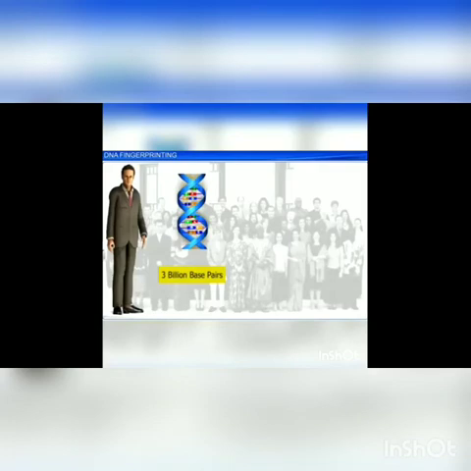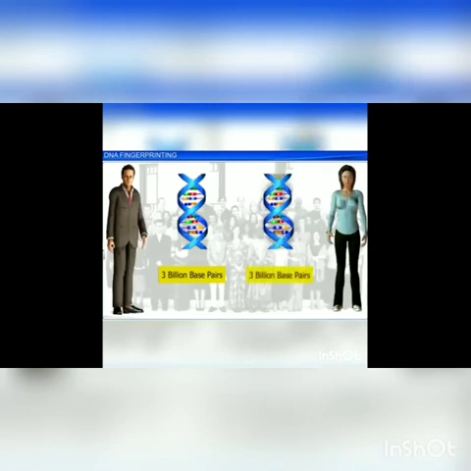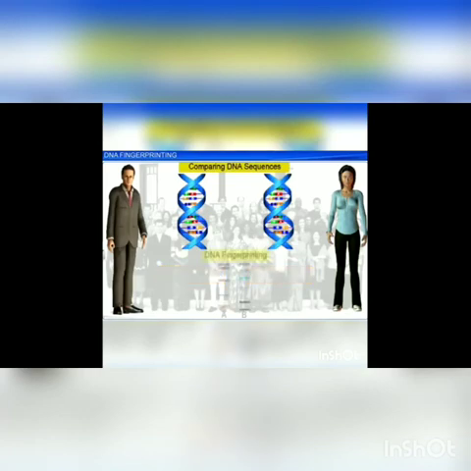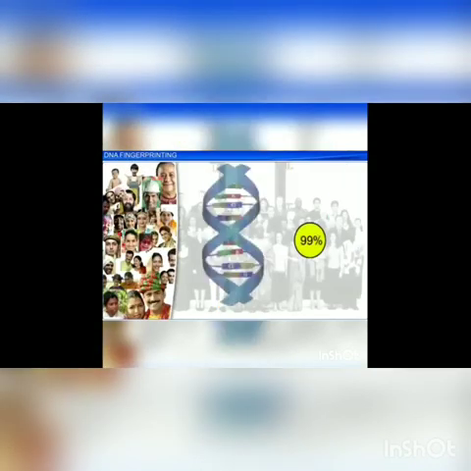There are 23 pairs of human chromosomes with 1.5 million pairs of genes, and 3 billion base pairs are present in every DNA. By comparing these DNA sequences, we are able to identify the DNA fingerprint of individuals.